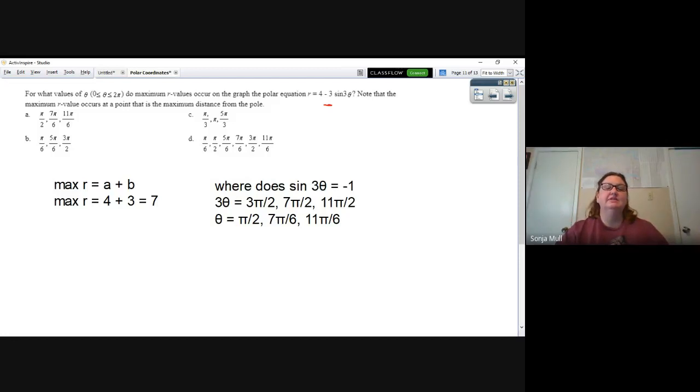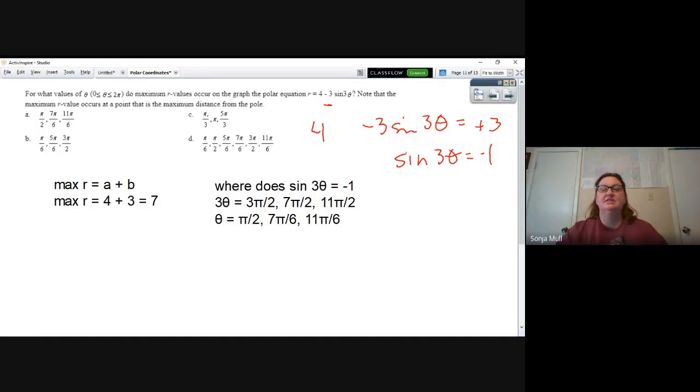So my max is 4 plus 3, or 7. Okay, so in order for this to be 7, I need 4, and I need it to be plus 3. So how can I have -3 sine of 3 theta equal to positive 3 if the sine of 3 theta is -1?